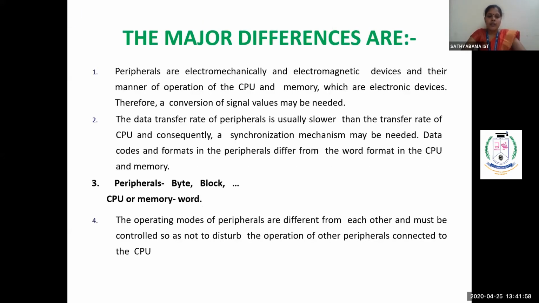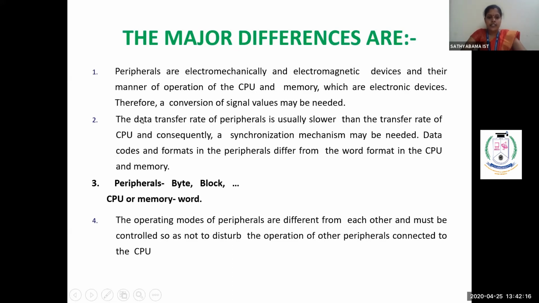Now, the operating modes of peripherals. Peripherals are electromechanical and electromagnetic devices, and their manner of operation is different from the CPU and memory, which are electronic devices. Therefore, a conversion of signal values may be needed.